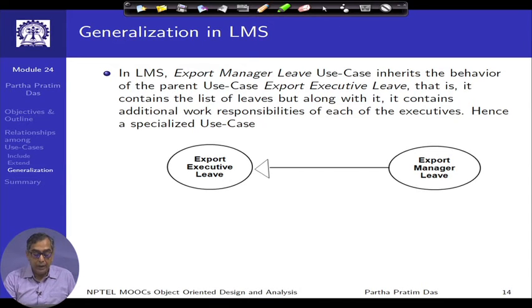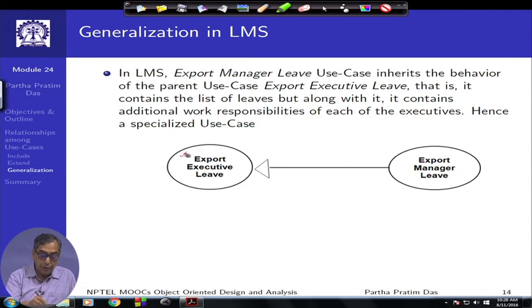Talking about the LMS example, if we think of a use case to export executive leave and another use case as exporting manager leave, then we will again have a generalization specialization relationship, this being the base.